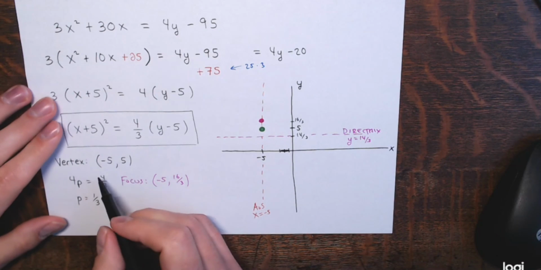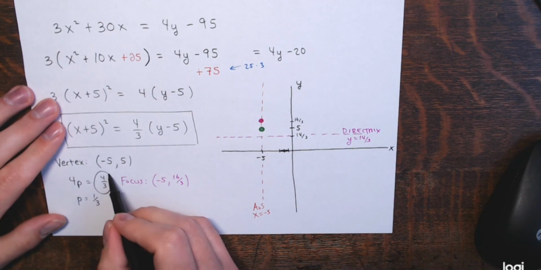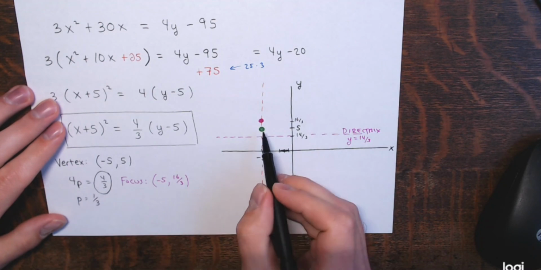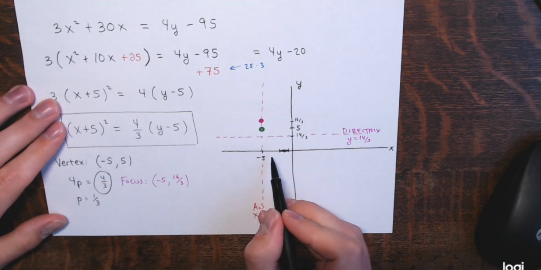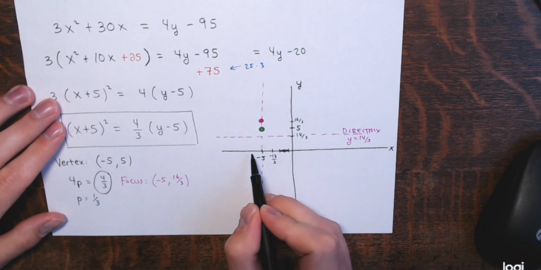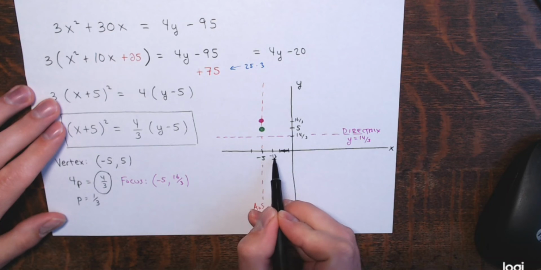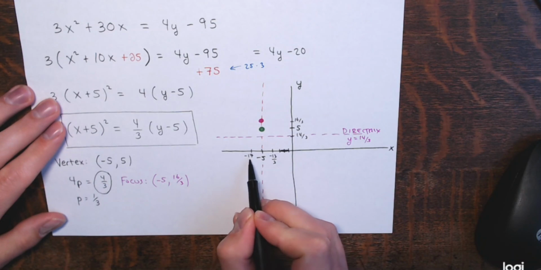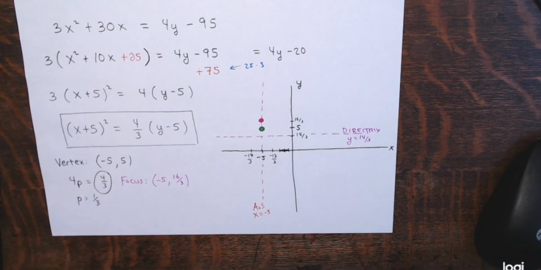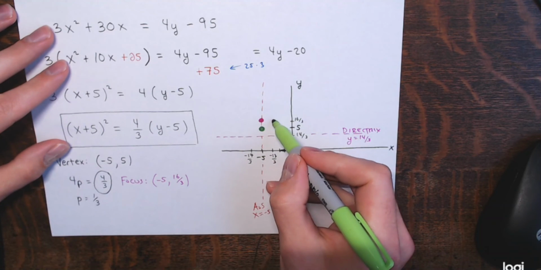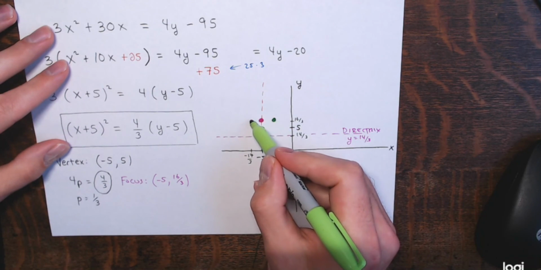And then 4/3 is the length of the latus rectum, so I go 2/3 right, 2/3 left. Here's negative 13/3, because this is negative 15/3. Go 2/3 right, 2/3 left, negative 17/3, and we go from the focus, 2/3 right, 2/3 left, and there we go.